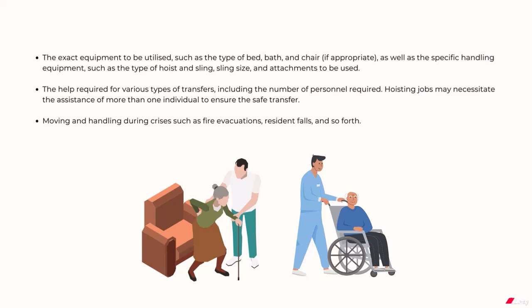The help required for various types of transfers, including the number of personnel required. Hoisting jobs may necessitate the assistance of more than one individual to ensure the safe transfer. Moving and handling during crises, such as fire evacuations, resident falls, and so forth.